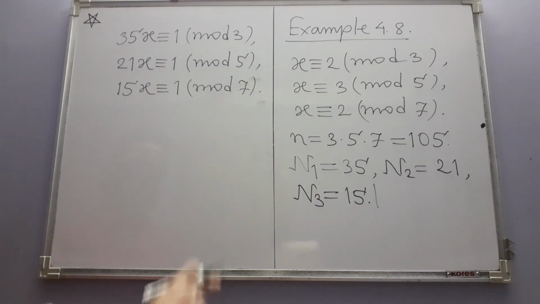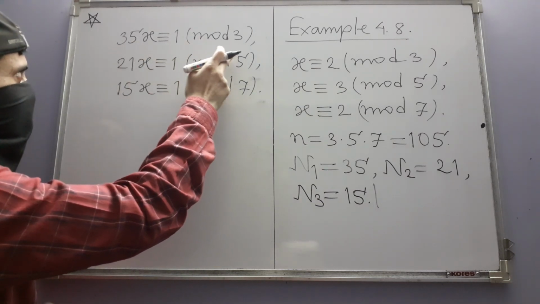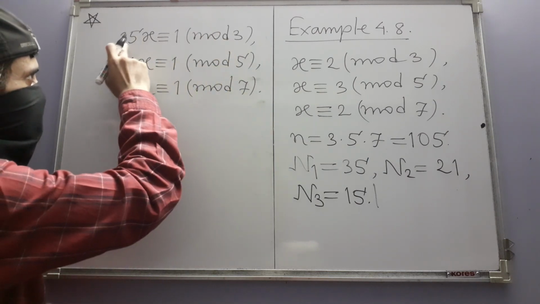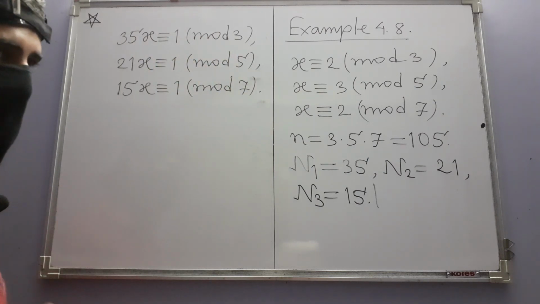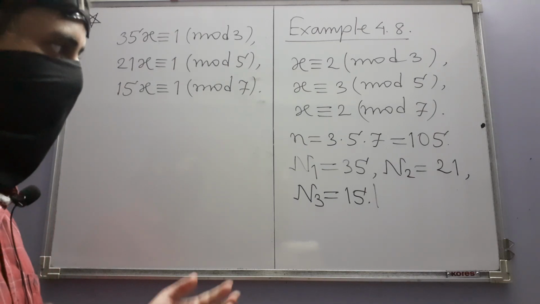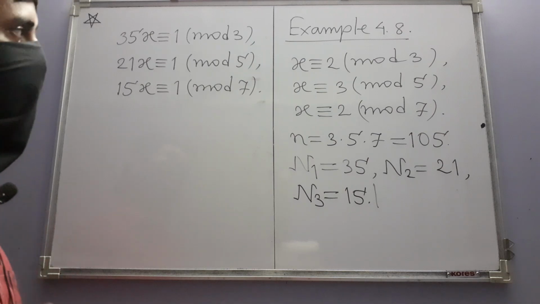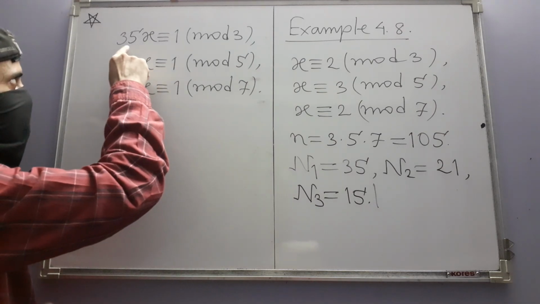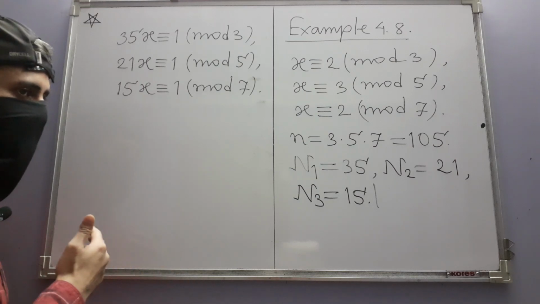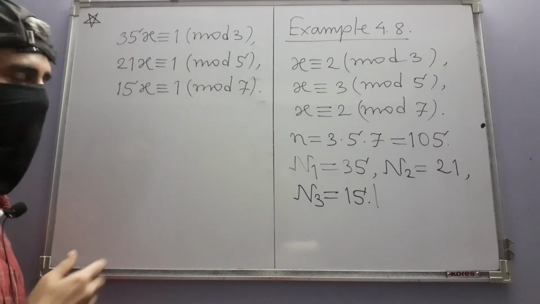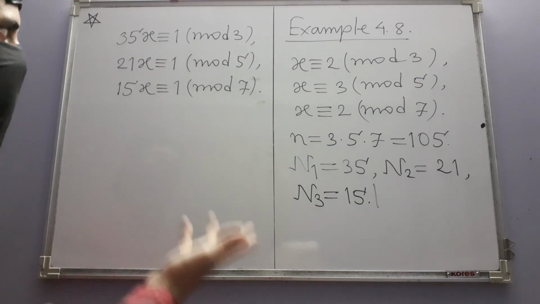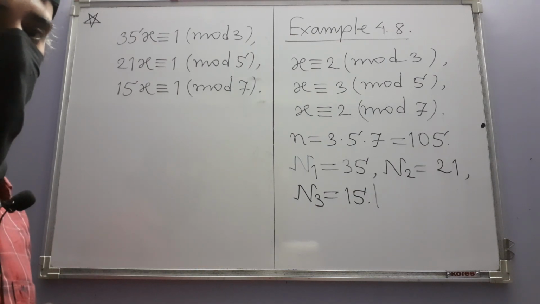You can of course see that the GCDs of these coefficients and the corresponding modulus are all equal to 1. That's how the setup is. So you express the GCD of 35 and 3, which is 1, as a linear combination of 3 and 35, and that way you will get x, or you can just simply find these solutions by inspection.